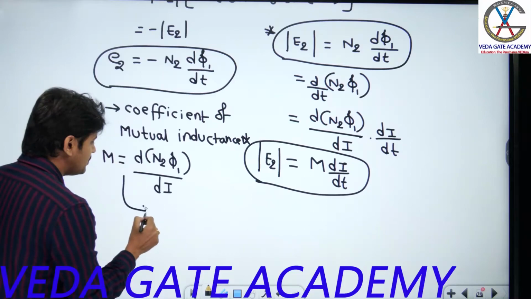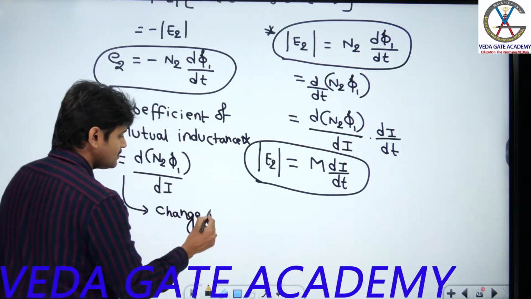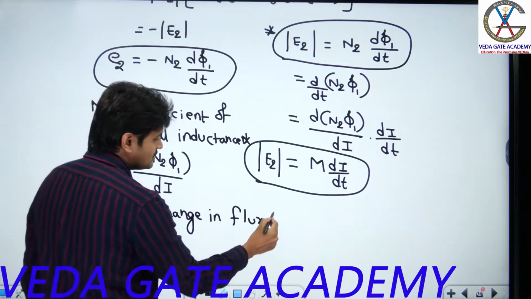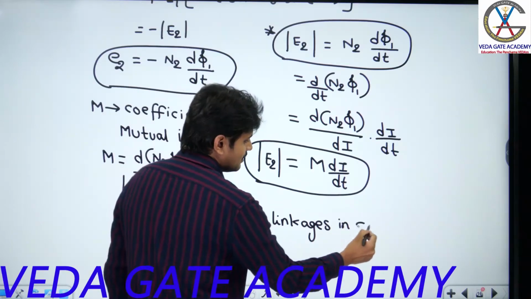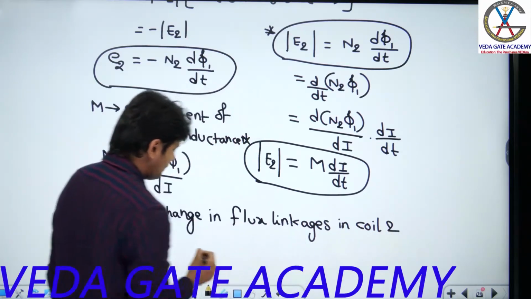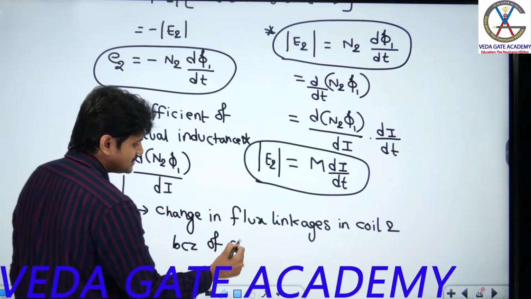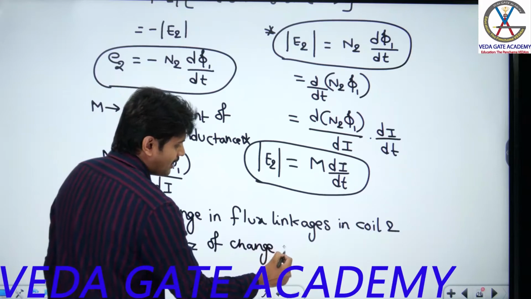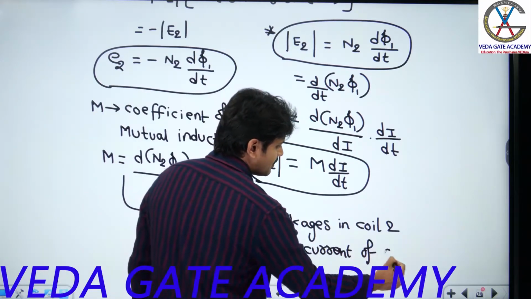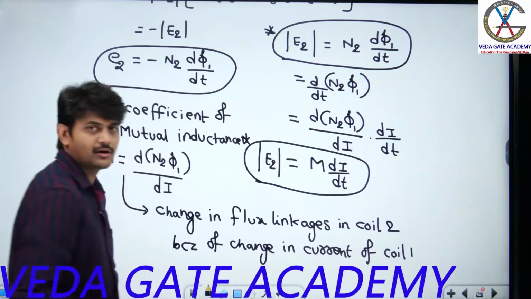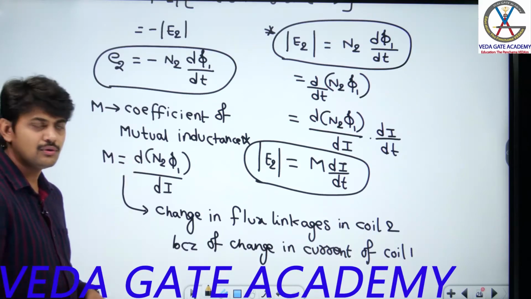Again I am writing this statement: rate of change in flux linkages in coil 2 because of change in current of coil 1. This is called the coefficient of mutual inductance. So the formula for coefficient of mutual inductance is d by di of N2 into phi1.